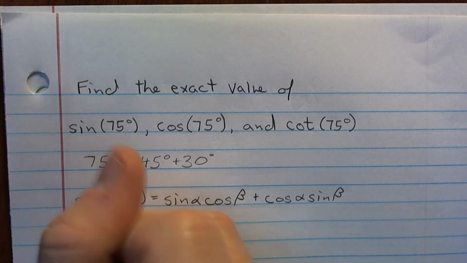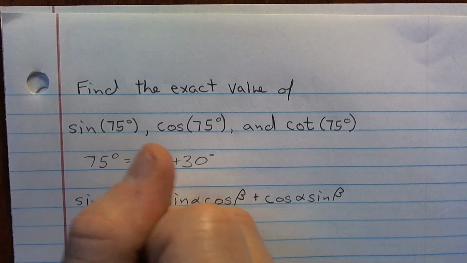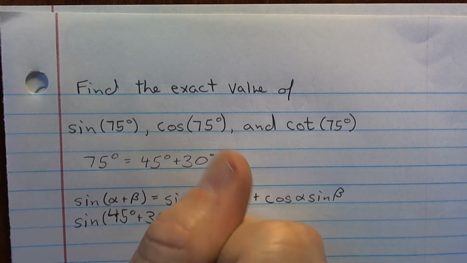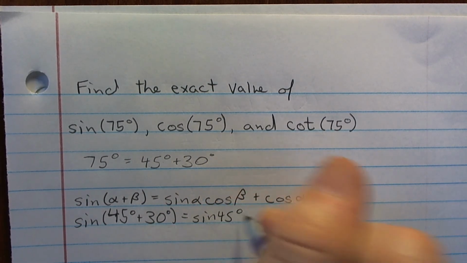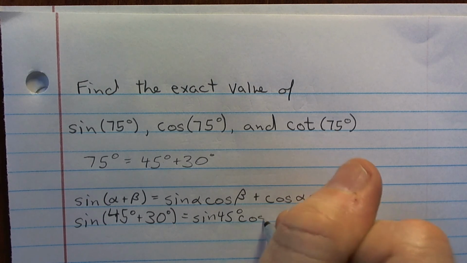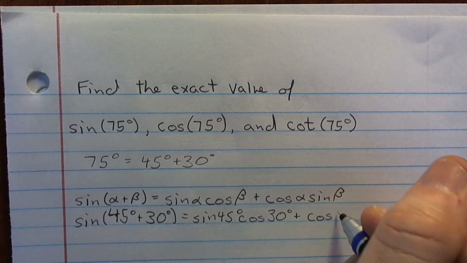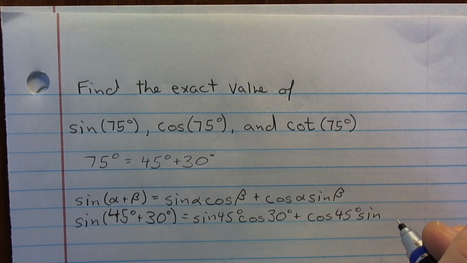So I've got sine of 75. Well, let's just write it 45 plus 30. That's equal to the sine of 45 degrees, cosine of 30 degrees, plus cosine of 45 degrees, sine of 30 degrees.